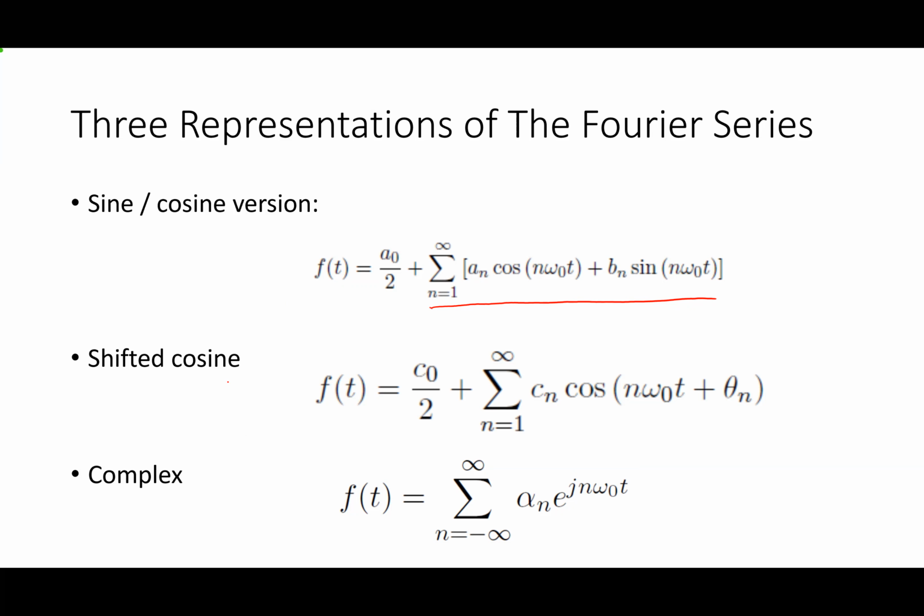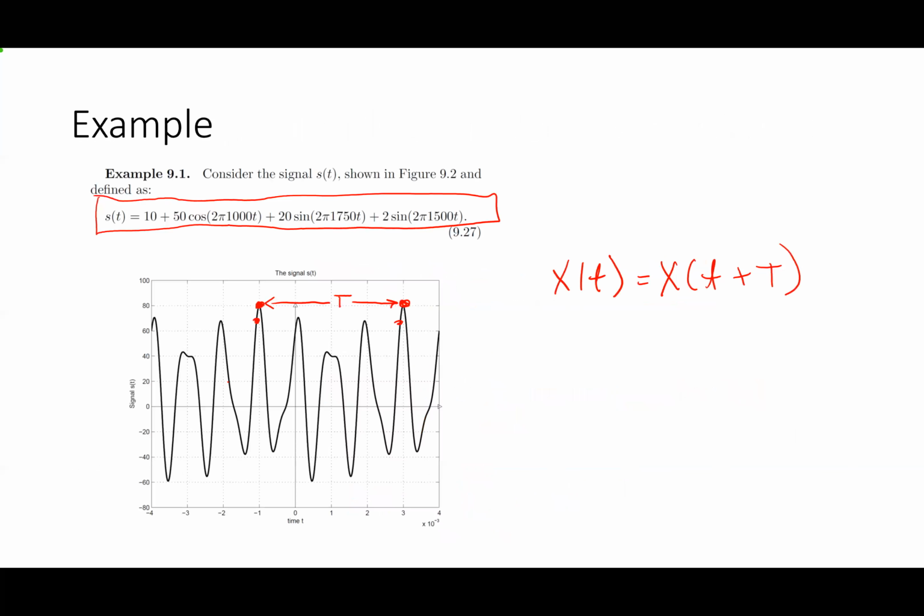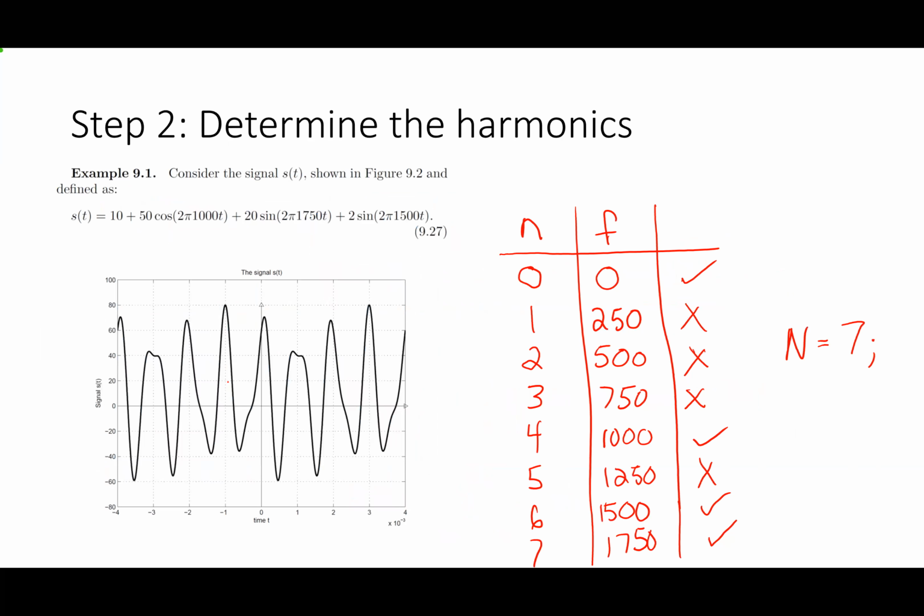So let me ask you this. When you go into MATLAB to code your stuff, I have harmonics that go from, we just said, 0 to 7. But when I do this with the complex form of the series, I'm going to have to go from what to what? Not from 0 to 7, but from where am I going to start?